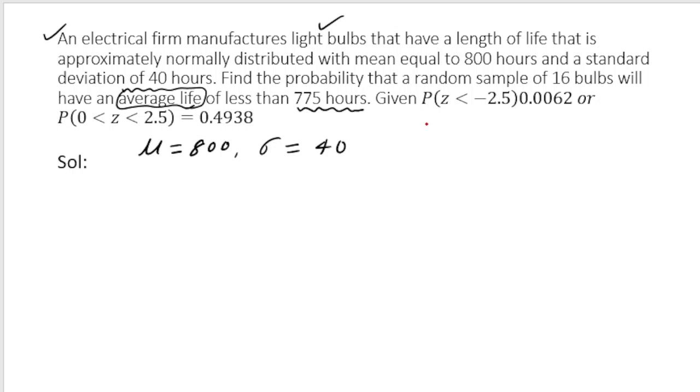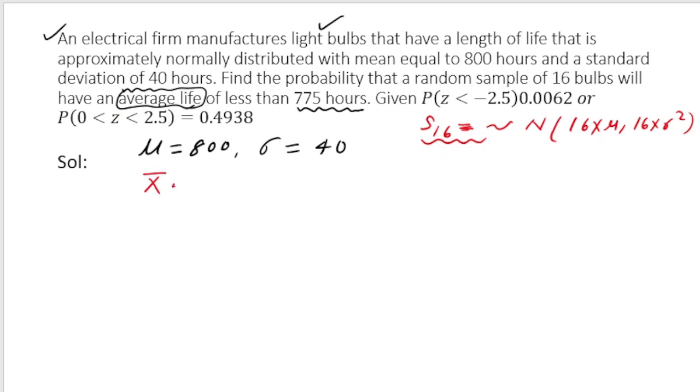So in that case I will take S16 and this will follow the normal distribution with mean that is 16 into mu, that is 800, right, and then variance 16 into sigma square. But this is not something that we are looking for here. Here we are looking for the average life, means we are looking for the x bar, right?